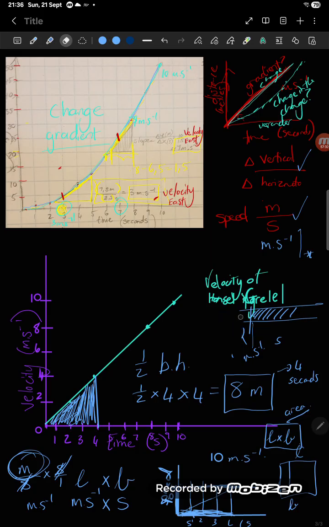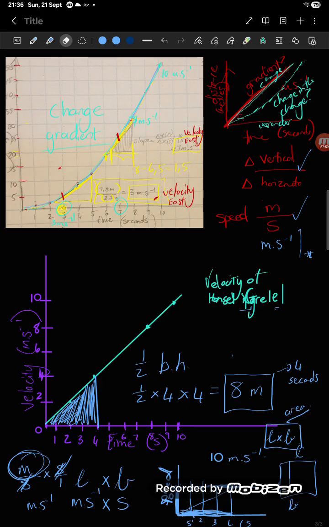And the velocity, like this, back to the distance. So you can work it out at any point. So area under the graph between 0 and 4 seconds, which is half seconds times meters per second, which is 8 meters. And that's their displacement from home.